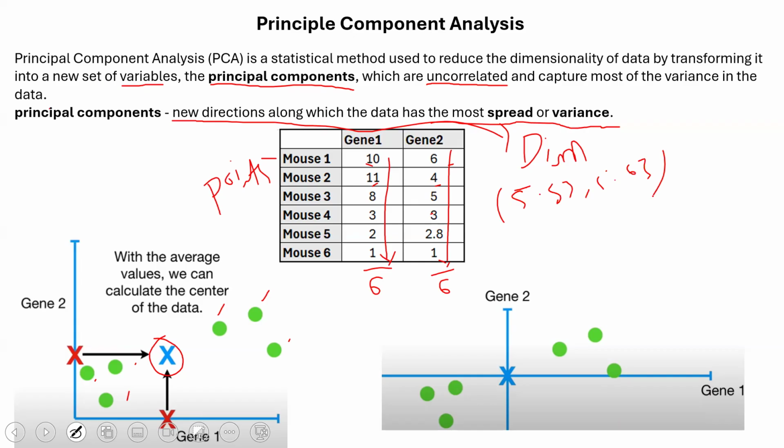Now we have to do standardization. What is standardization? Standardization in terms of normal distribution is making the mean 0 and the standard deviation 1. Why we do standardization is that we don't want the magnitude of values impacting the analysis.